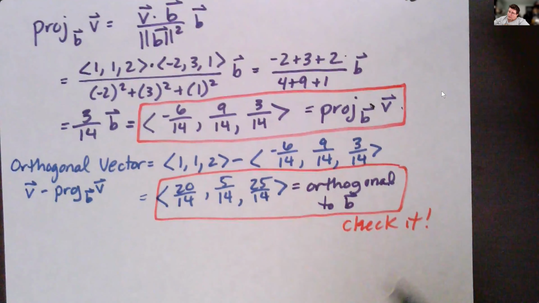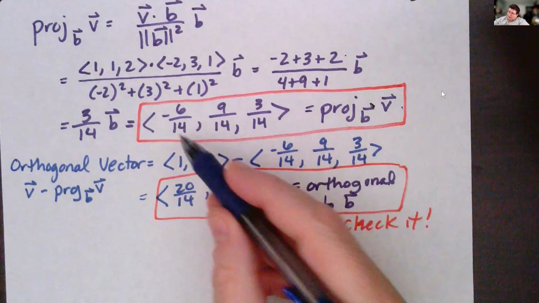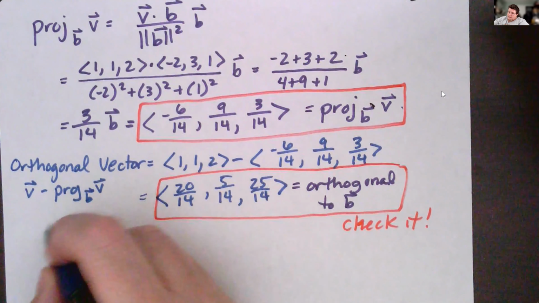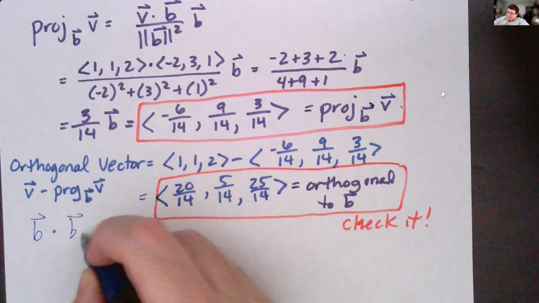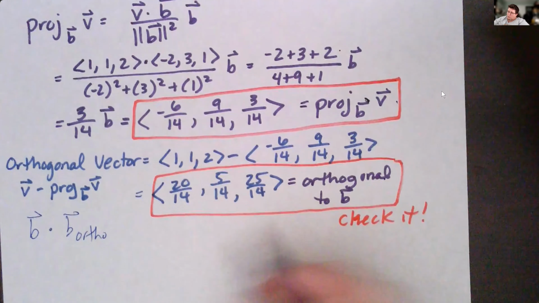So we've got the dot product of these, B dotted with B ortho, should equal 0.